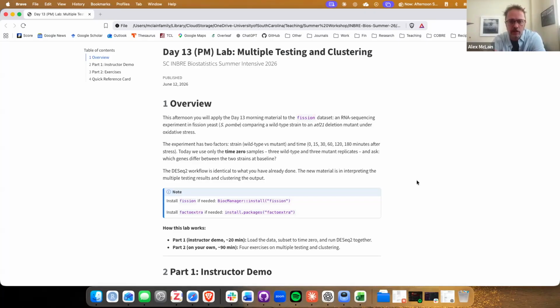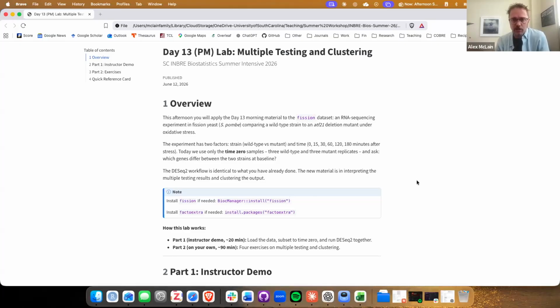This is an RNA sequencing experiment in fission yeast, comparing a wild type strain to an ATF21 deletion mutant under oxidative stress. Sounds interesting. So the experiment has 2 factors: strain and time.